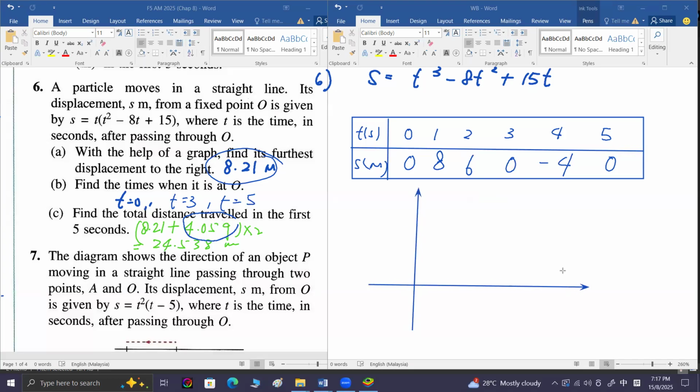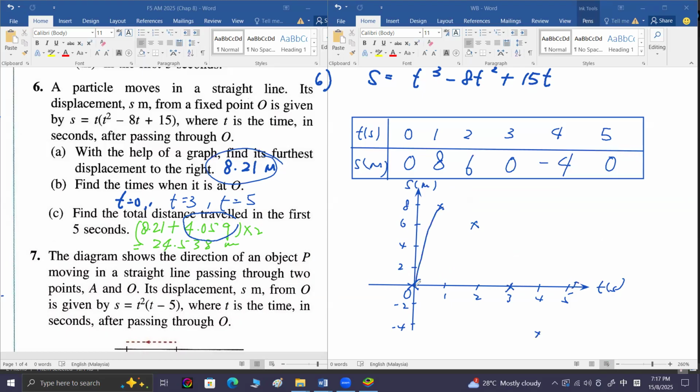So you can do the same thing with the graph. 0, 0; 1, 8; 2, you get 6; 3 is 0; 4, you get -4; 5 is 0.